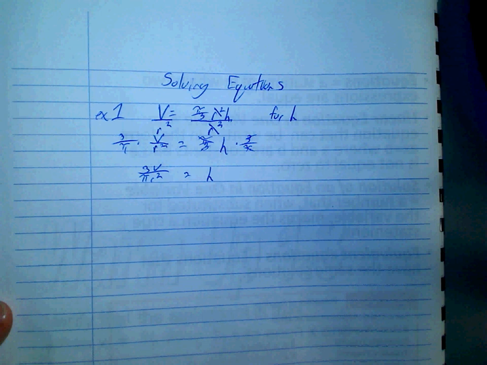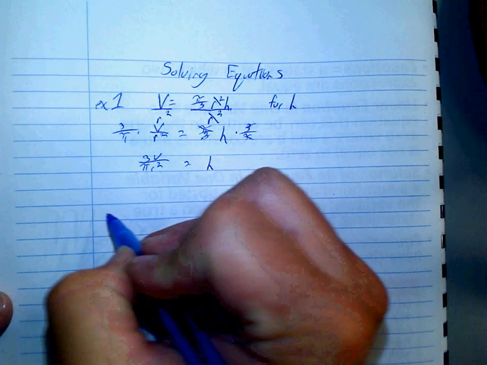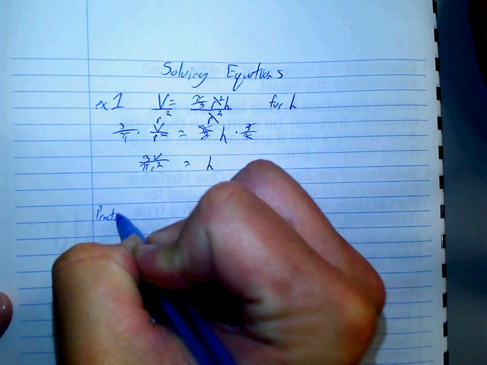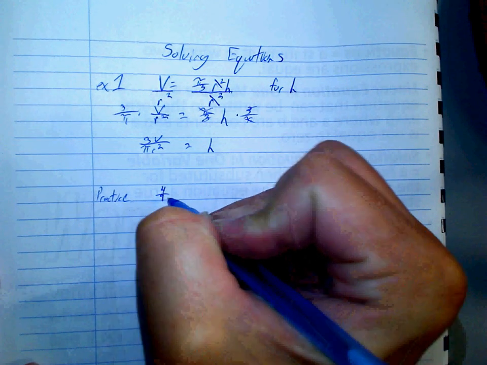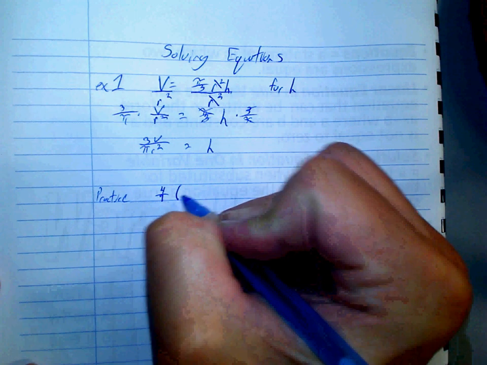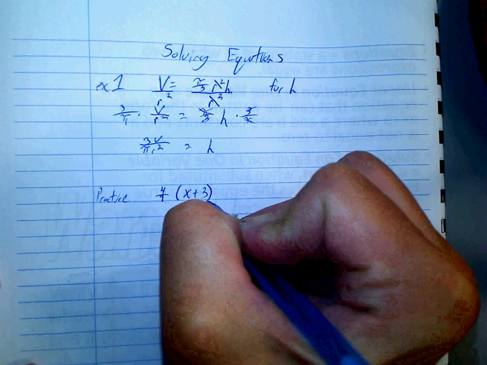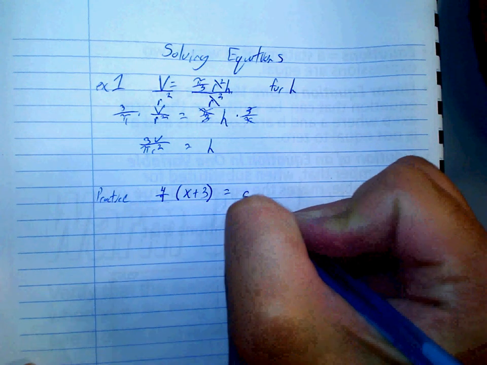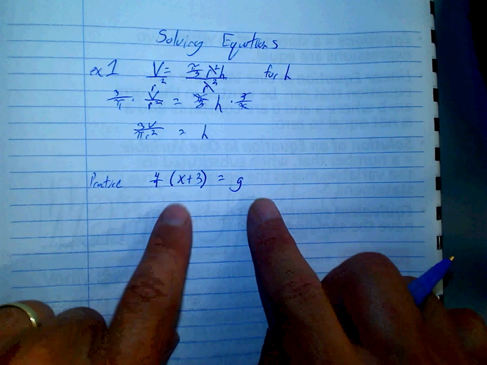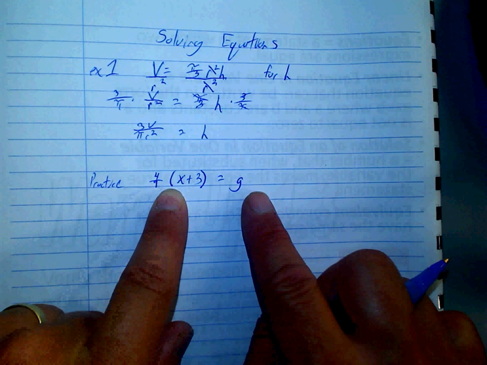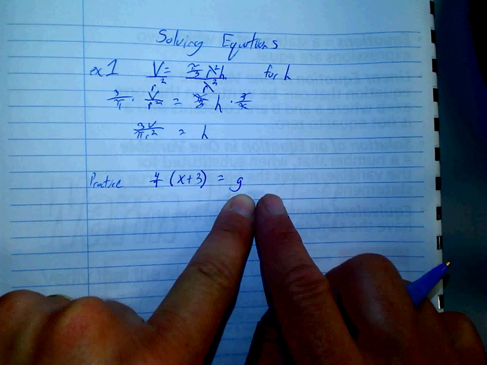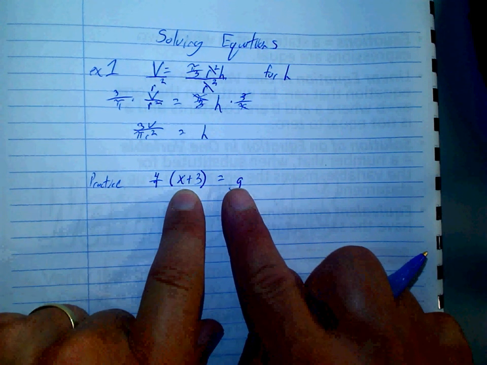All right, here's a practice question. 4/9 times x plus 3 equals g. So there's two unknowns. We're not going to find the actual solution.